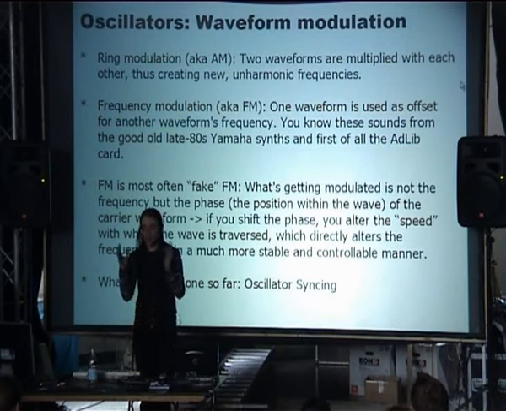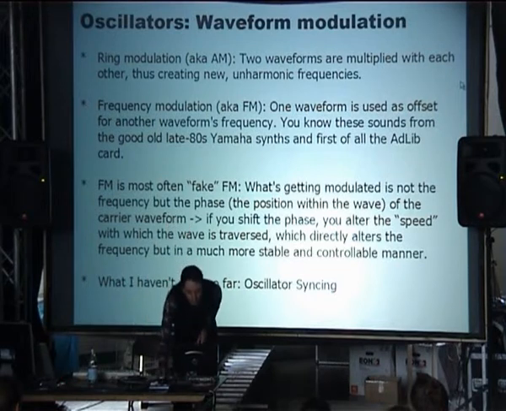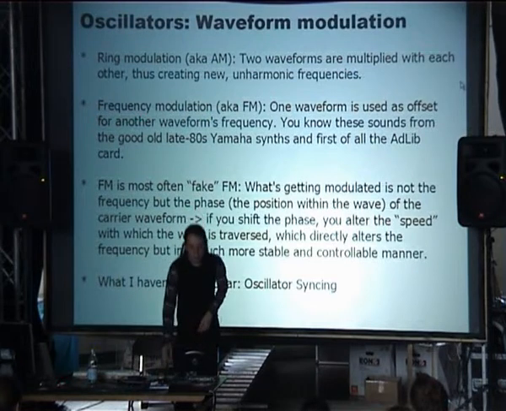So if we multiply two sine waves with each other, and every sound is made up of sine waves, we get two different sine waves with the frequencies added and the frequencies subtracted from each other. So ring modulation is perhaps not really suitable for music, but for sound effects is great.